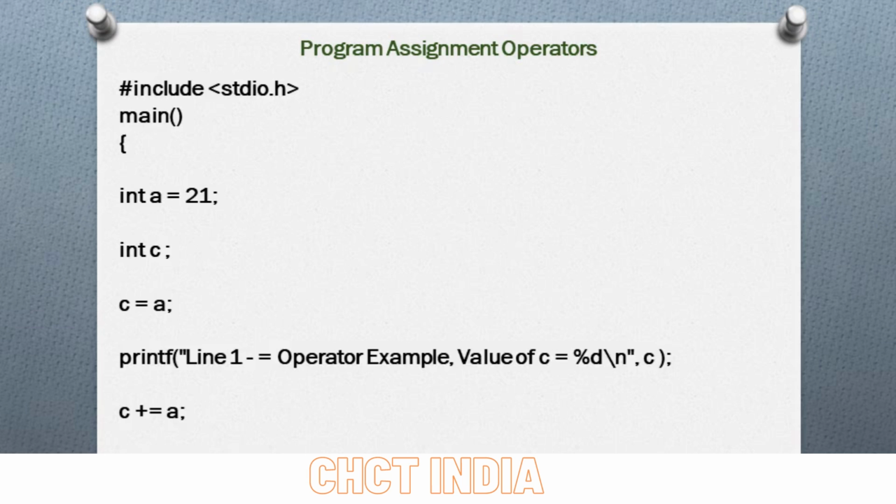The first printf function prints the value, that is 21. The next statement, the value of A and C is added and the final value is assigned to C. Whatever latest value has been assigned to C is printed on the screen.